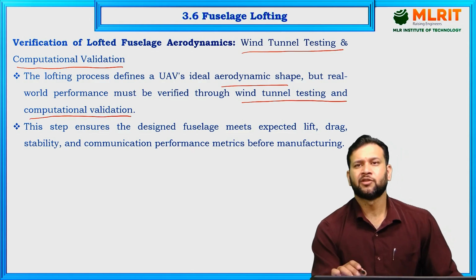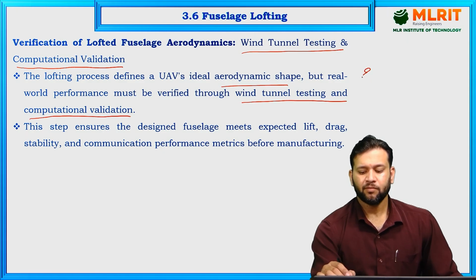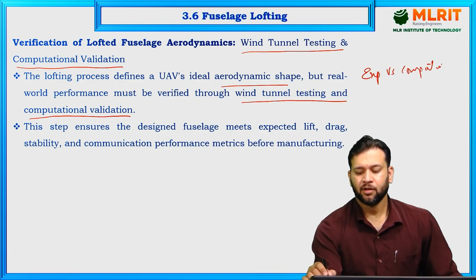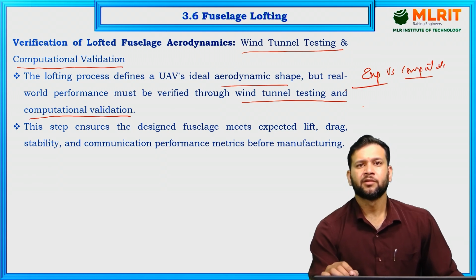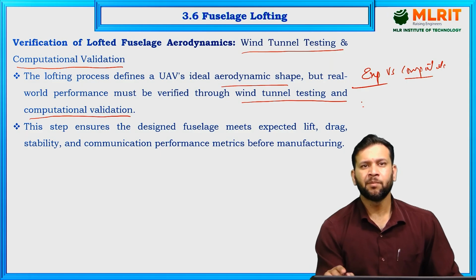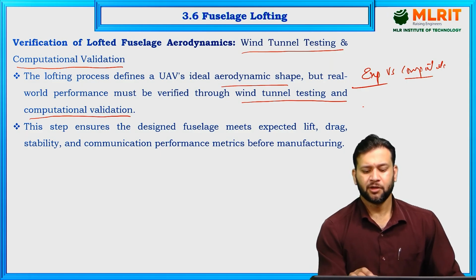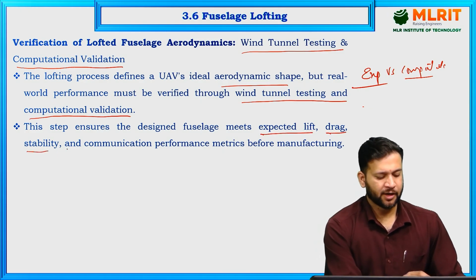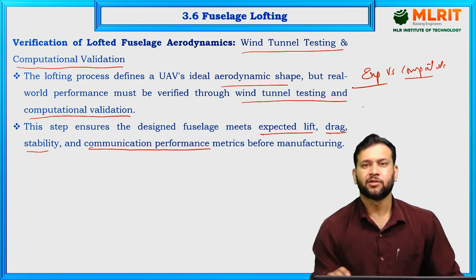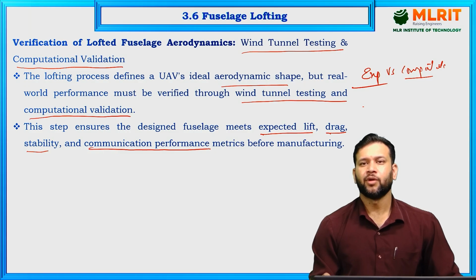Both results have to be compared, experimental versus computational, and how much the results match has to be cross-verified in percentages. These steps ensure the designed fuselage meets expected lift, drag, stability, and communication performance metrics before manufacturing.